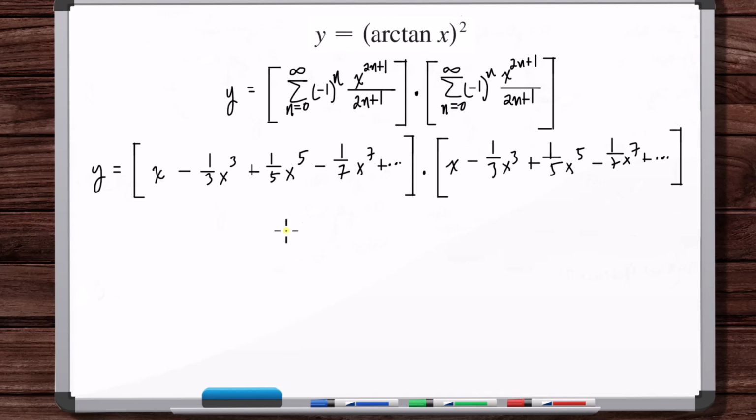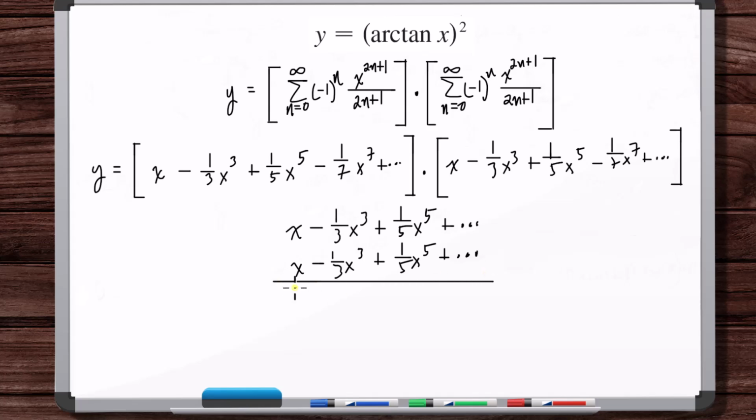Okay, so x minus 1/3 x cubed plus 1/5 x to the 5th, and that should be good since they match. X minus 1/3 x cubed plus 1/5 x to the 5th.